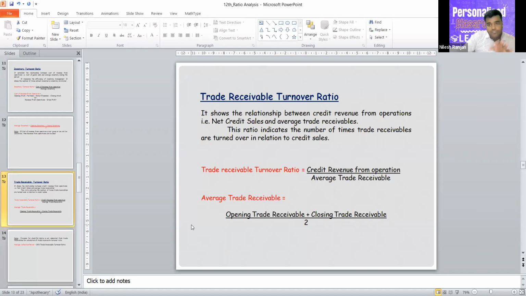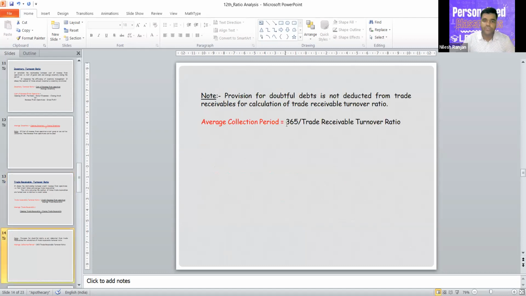Now, there is one more ratio attached with this ratio, which is average collection period. For that calculation, you need the trade receivable turnover ratio. The average collection period formula is 365 divided by trade receivable turnover ratio.